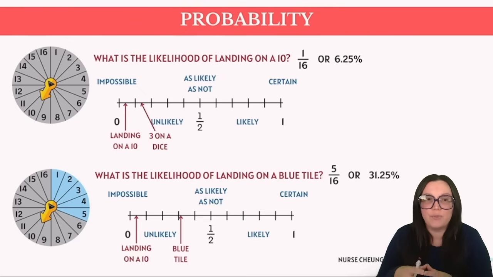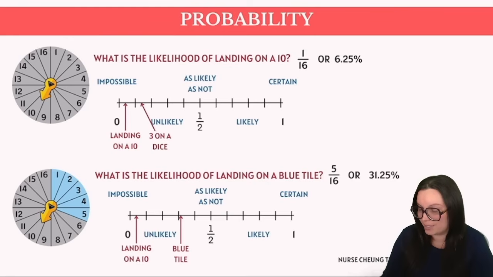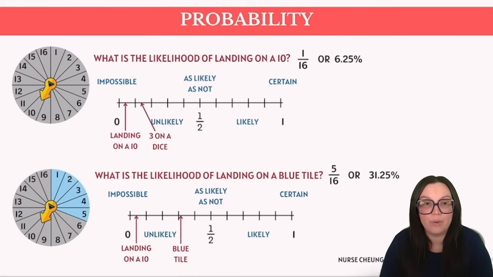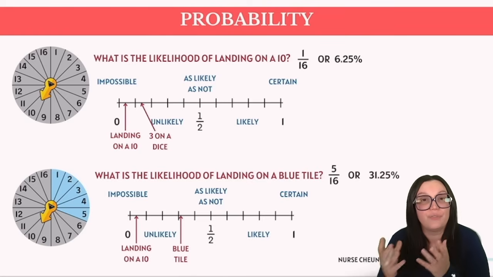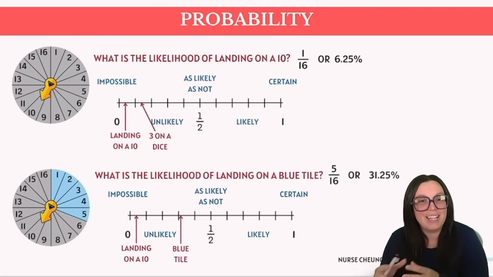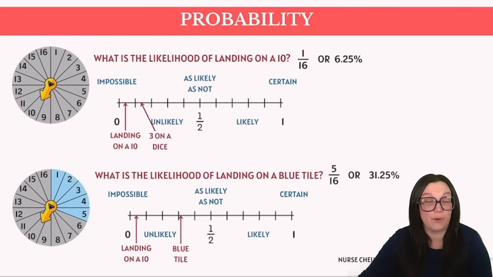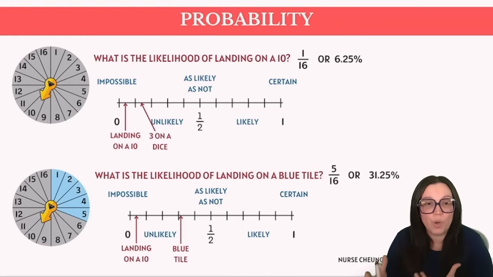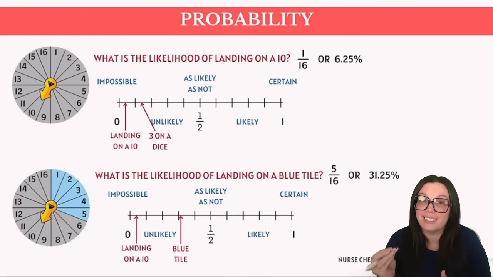This is because we were focusing on one singular outcome, such as rolling heads on a coin flip or rolling a 3 on a dice. However, in our current scenario, the numerator of this fraction is going to change to 5 because we are reflecting the 5 blue tiles that must meet our criteria for a successful outcome. The denominator is still going to remain the total number of outcomes, which is 16, representing the total number of tiles on our spinner.